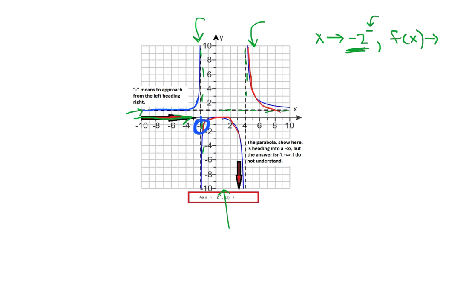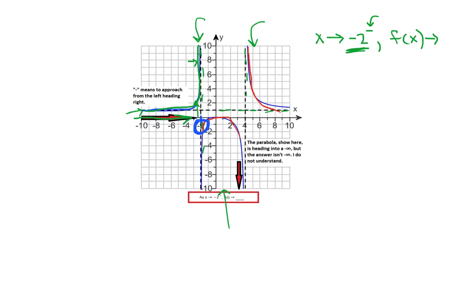So if we're just looking on the left, we can see that as we get closer and closer to -2, the graph is actually up here. So we're looking at this section of the graph, because as you can see, this line here gets closer and closer to that asymptote at x equals -2, but it never touches it and it doesn't cross it.